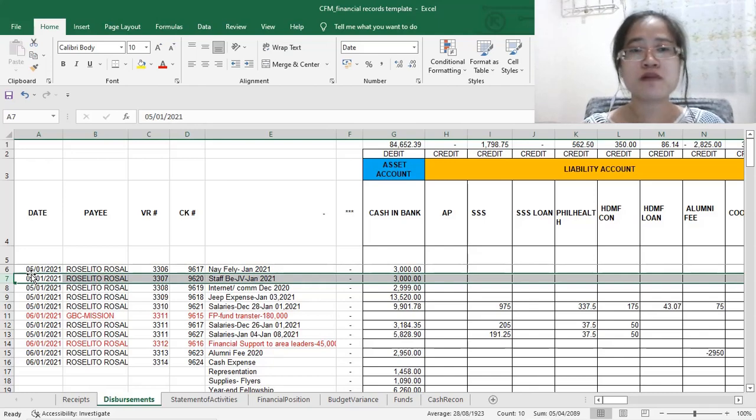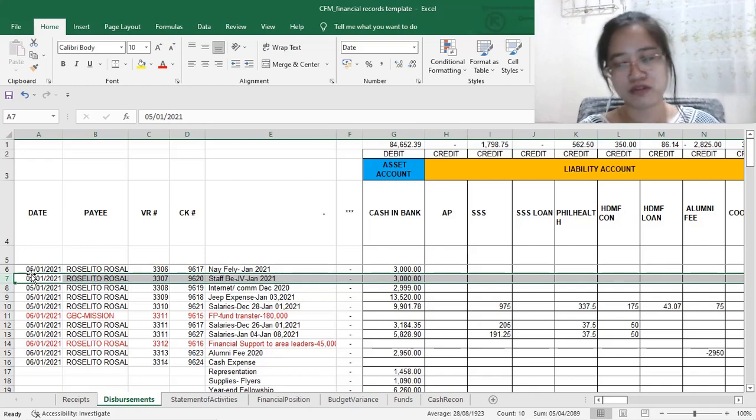As much as possible, we are encouraged to buy goods and services from registered individuals or registered businesses, because that way the government is assured that the corresponding taxes are at least filed and paid with the BIR.